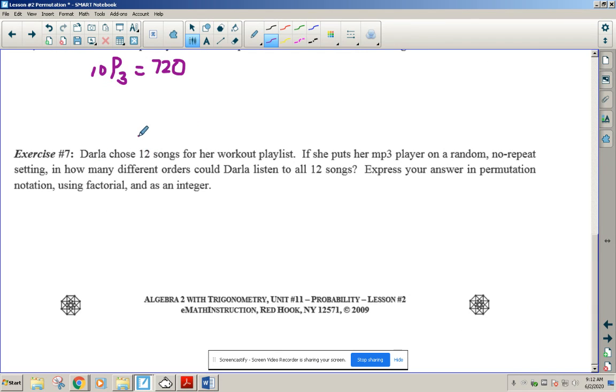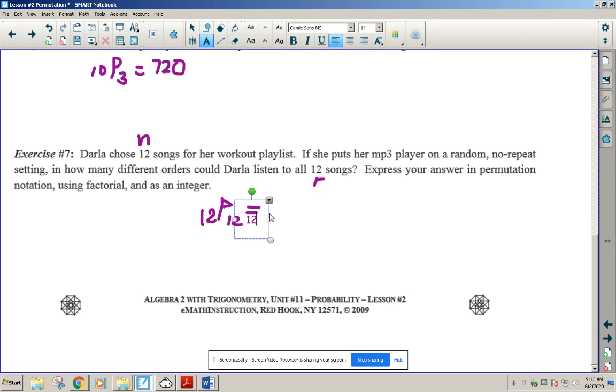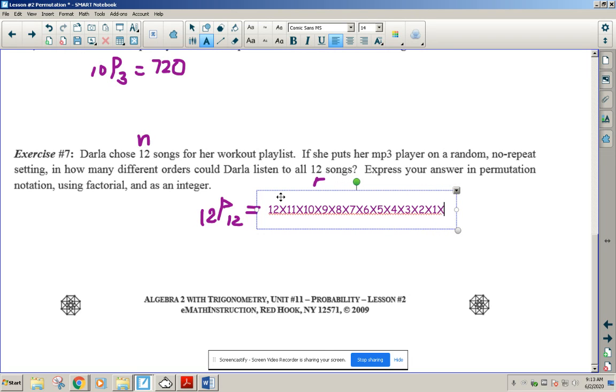Darla chooses 12 songs for her playlist. And how many different ways could she listen to all 12 songs? So this would be 12P12 or 12 factorial. This is going to be a lot of numbers. So I'm actually going to start typing. This would be 12 times 11 times 10 times 9 times 8 times 7 times 6 times 5 times 4 times 3 times 2 times 1.